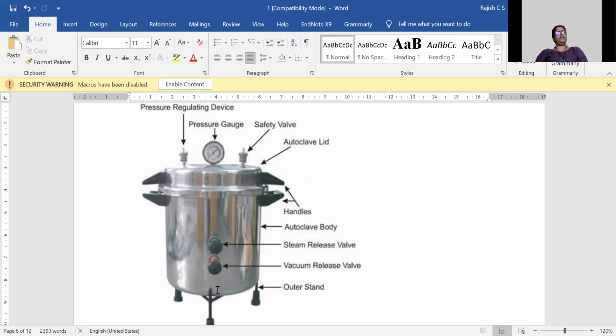There is one thing that needs to be checked with an autoclave. You do not add glucose to the medium when you are autoclaving your medium. Glucose will be added separately. You will make a glucose solution of the required concentration, a stock solution so that you can add, say, 5 ml to a liter.